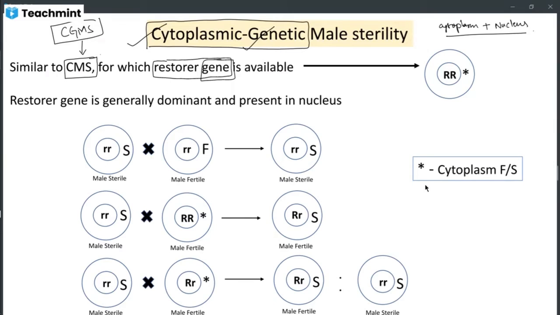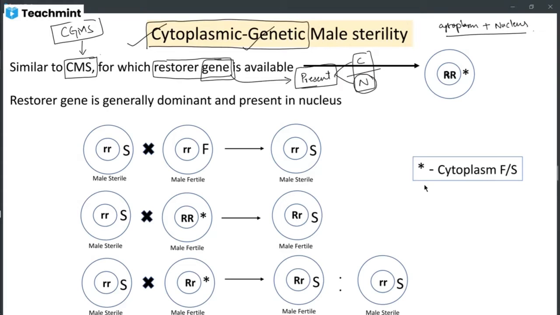There was a question many times in JRF: where is this restorer gene present? Whether it is present in your cytoplasm or in the nucleus? The nucleus. So please do remember that the restorer gene is present in the nucleus.